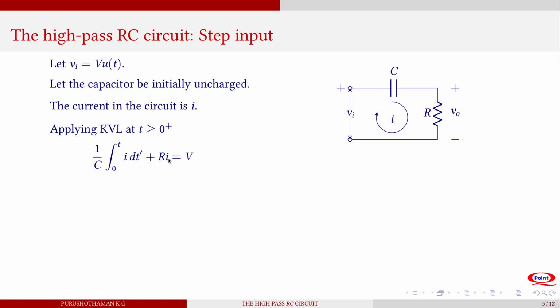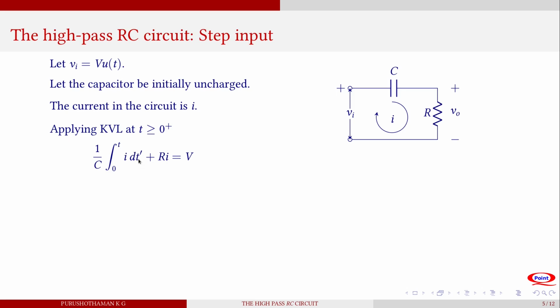Voltage across the resistance is R into i. So we can write 1 by C integral 0 to t i dt' plus Ri equal to V. Here t' is a dummy variable used so as not to confuse with the upper limit of the integral.